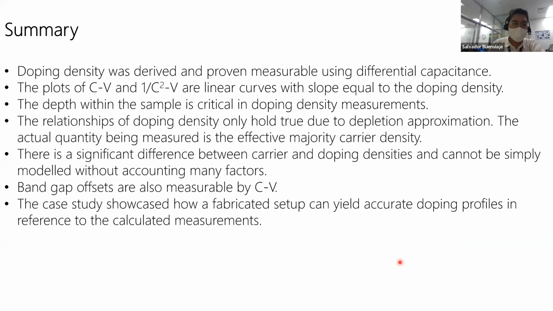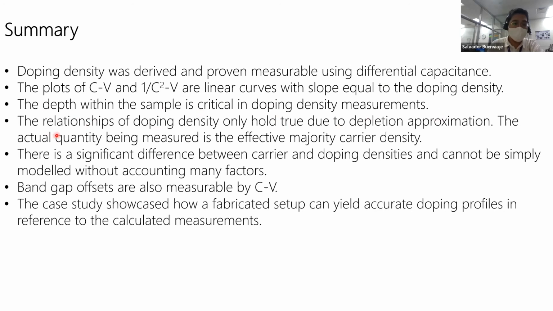So in summary, in this presentation, doping density was derived using differential capacitance. Then we obtained the plots of CV and 1/C squared versus V, which we correlated with doping density. Then we also dealt with the importance of the depth of the sample in doping density measurements.